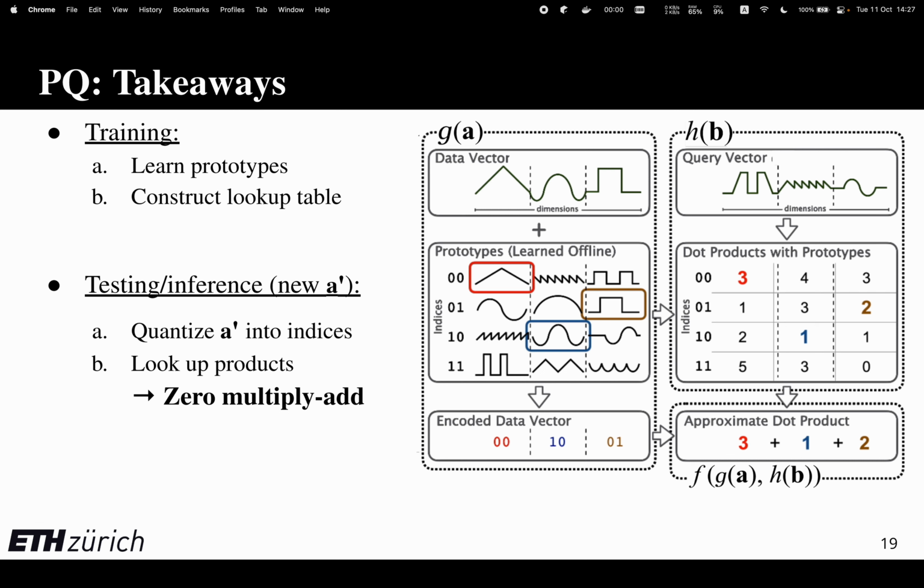We index or encode A by selecting the best approximations of the prototypes, and we note down the indices. During the multiplication process, we just look up the results directly and aggregate them. So this process requires no multiply-add operation, but instead a lookup-add operation.